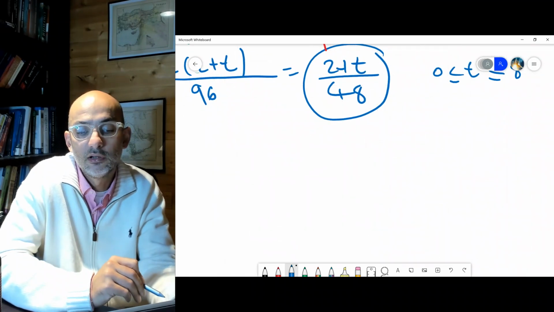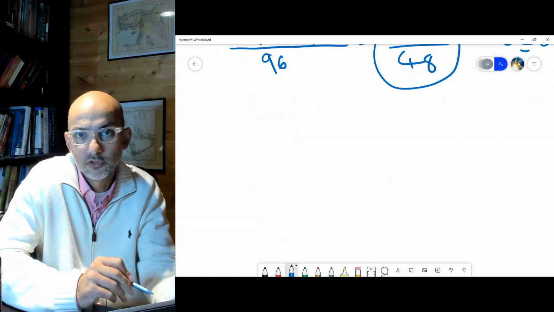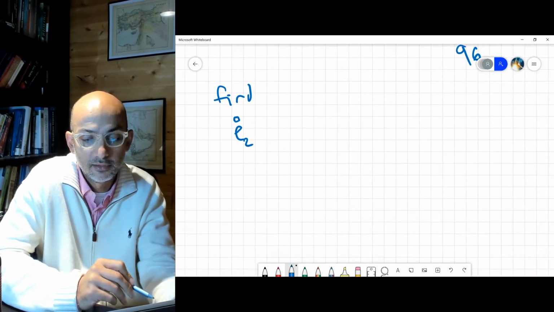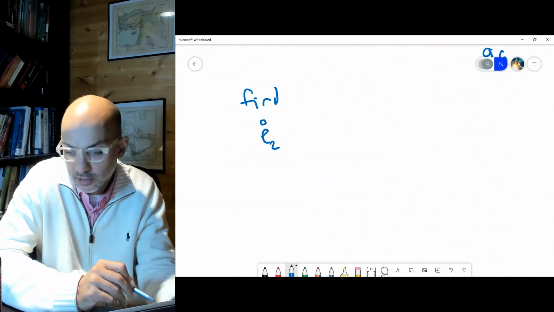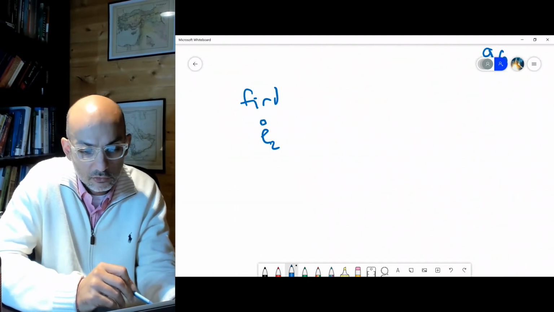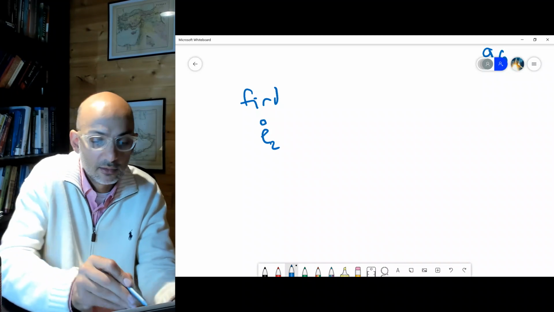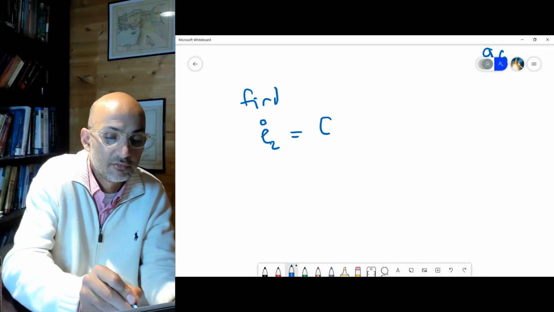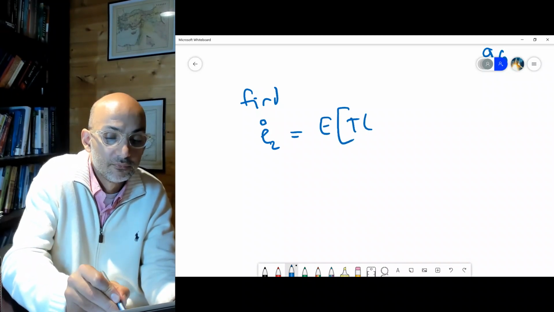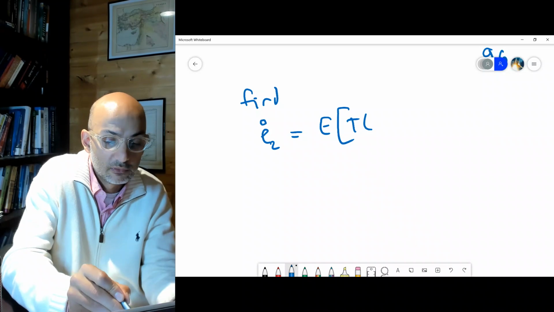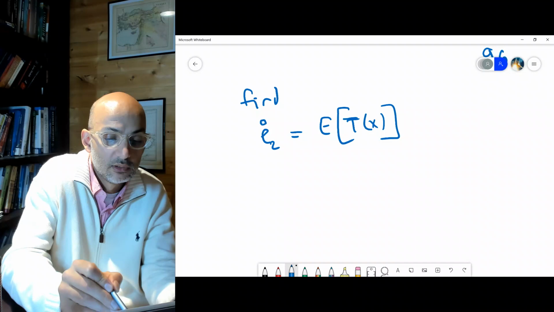Now the remaining lifetime, you remove 2 years, becomes 0 and 8. So the question asks us to find the expected remaining lifetime from 2, which is the expected T of x when x is 2.